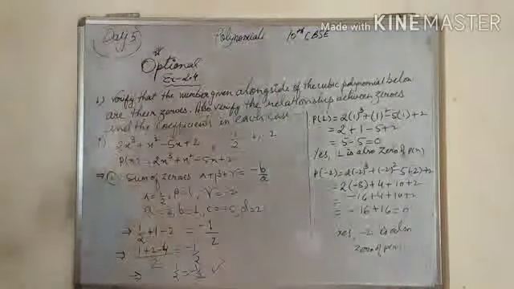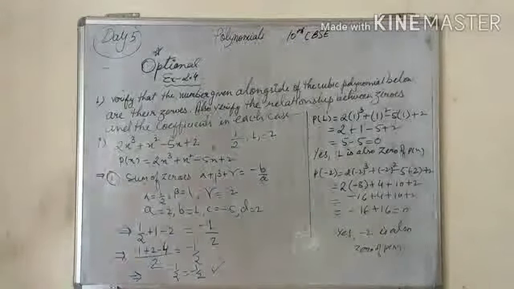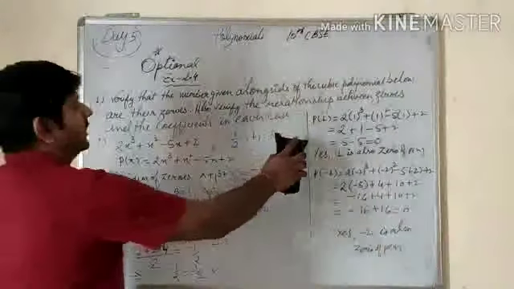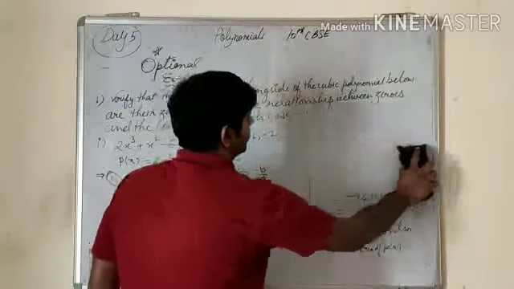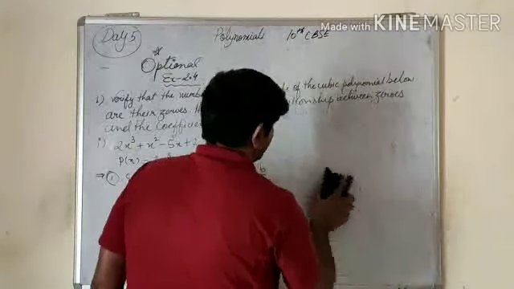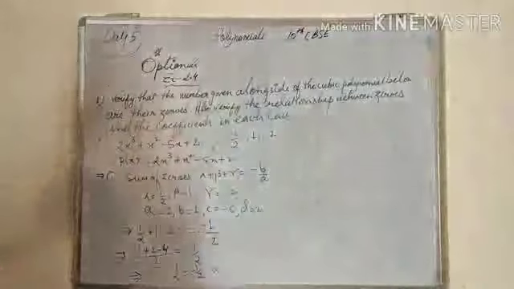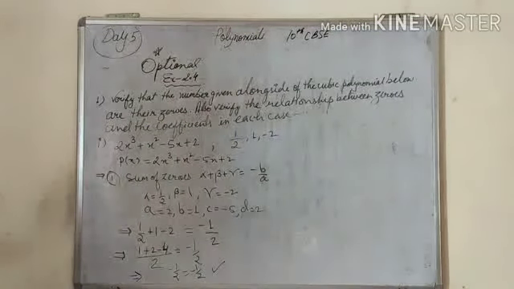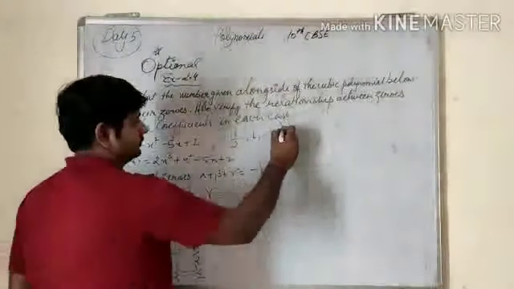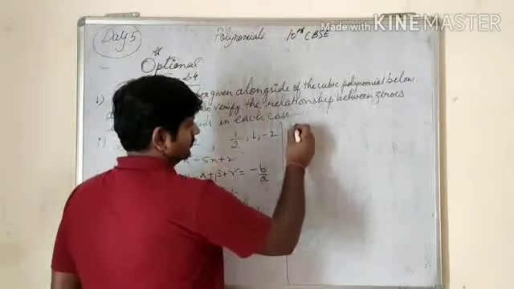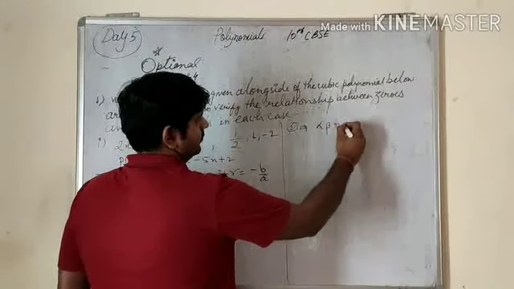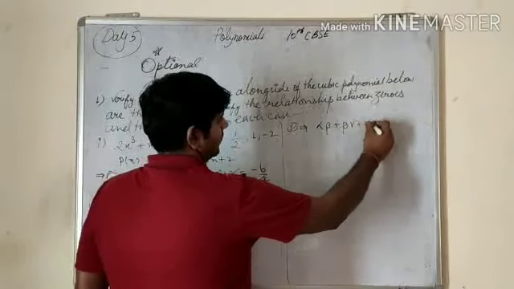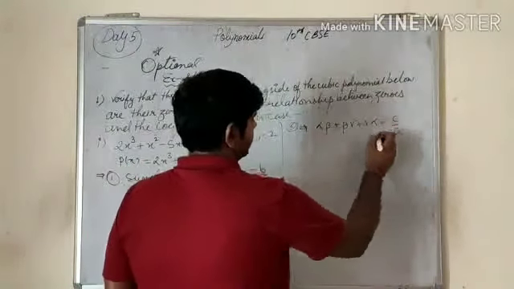Let's apply for the second relation. That is the sum of the product of two zeros at a time. That looks like alpha beta, beta gamma, gamma alpha equals c upon a.